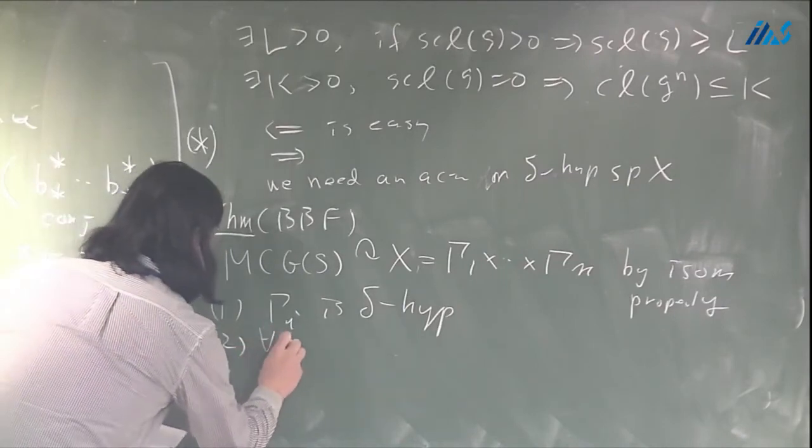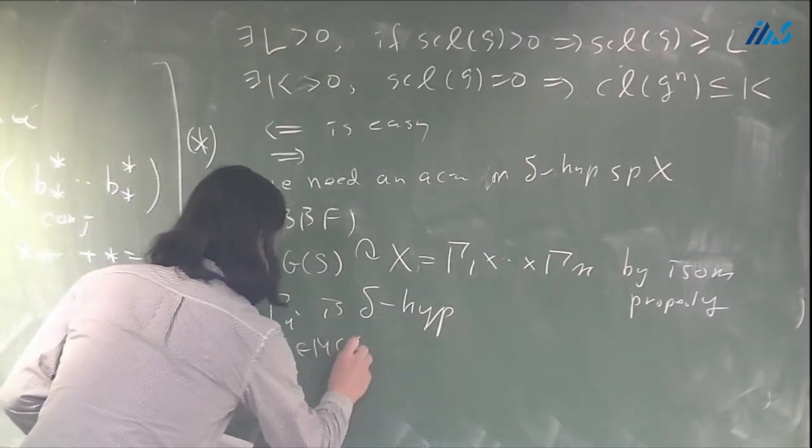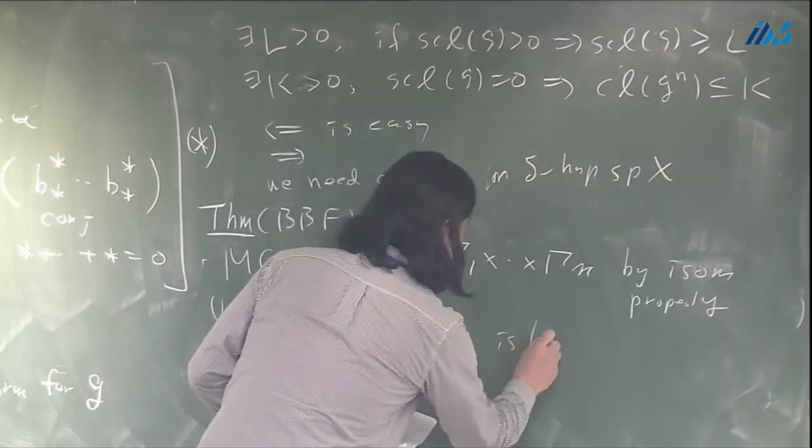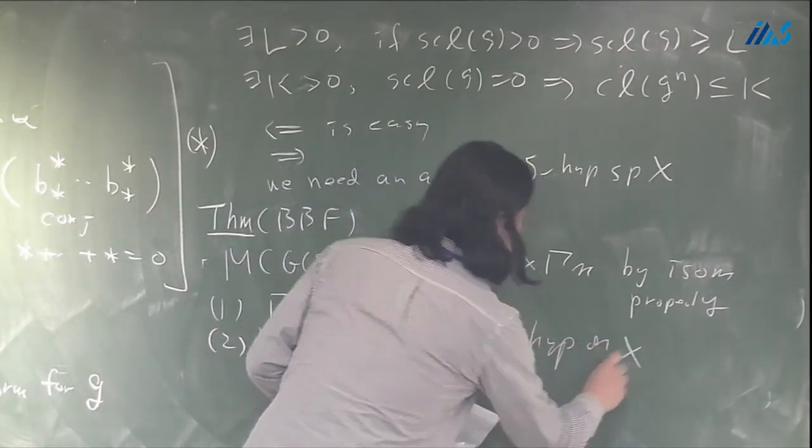Second, any element in the mapping class group of infinite order is hyperbolic on X.